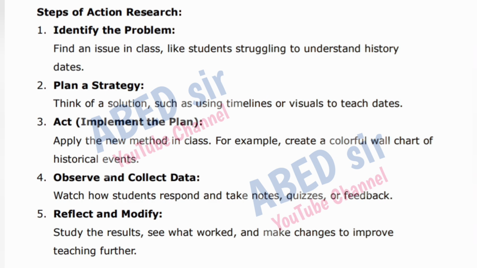For example, create a colorful wall chart of historical events. 4. Observe and collect data. Watch how students respond and take notes, quizzes, or feedback. 5. Reflect and modify. Study the results, see what worked, and make changes to improve teaching further.